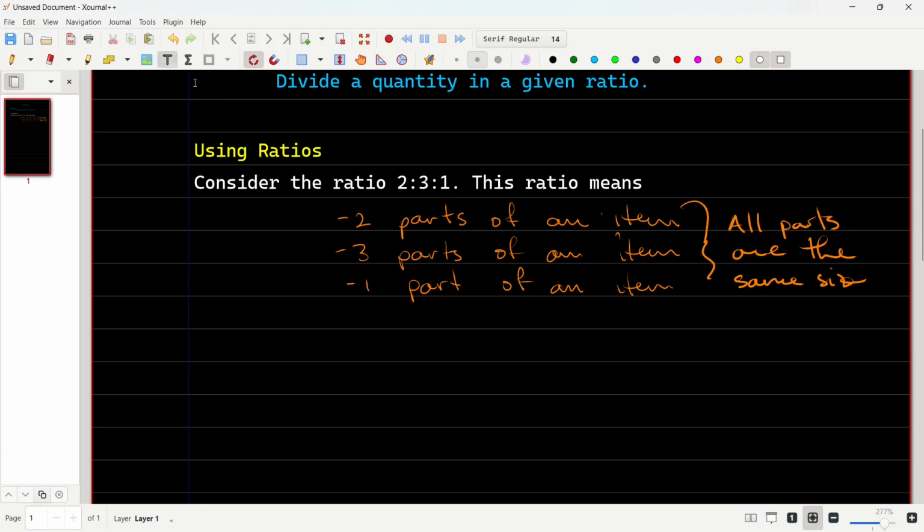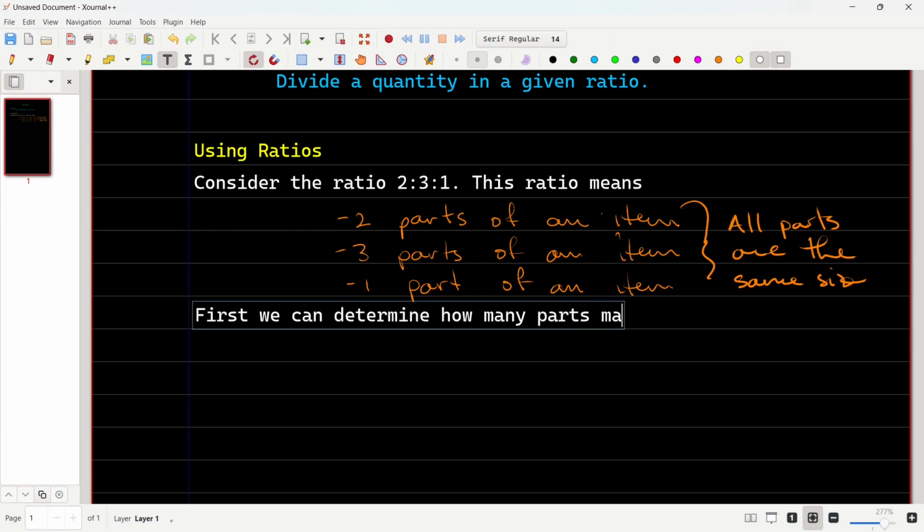So the first thing we need to do is determine how many parts make up the whole.